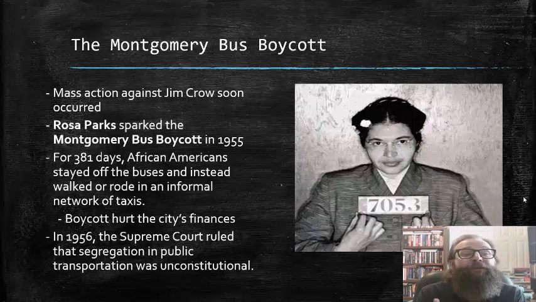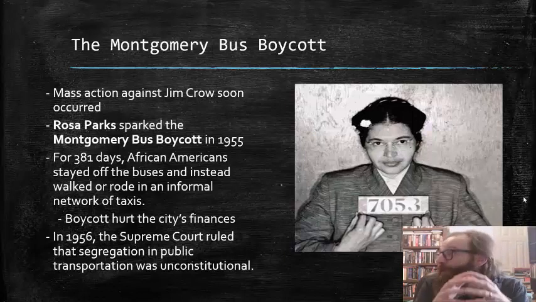And for 381 days, African Americans stayed off the buses and instead walked or used an informal network of taxis. Of course, the boycott hurt the city's finances as the African American community was one of the largest communities that actually used public transportation in Montgomery, Alabama in this period.